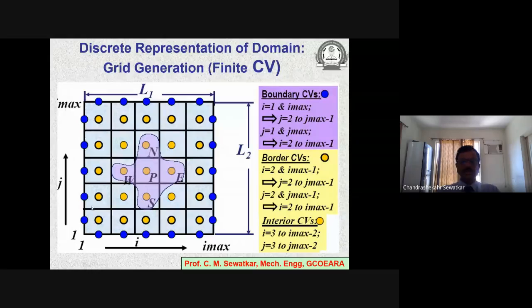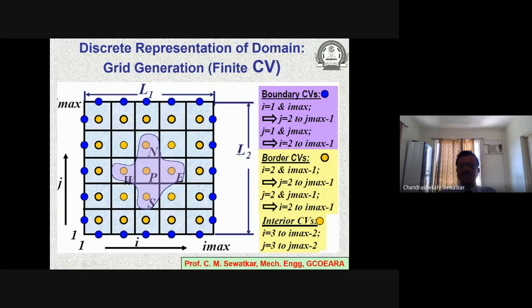Border control volumes are I is equal to 2 and I is equal to I max minus 1, and J is equal to 2 to J max minus 1, or J is equal to 2 and J is equal to J max minus 1, and I is equal to 2 to I max minus 1.